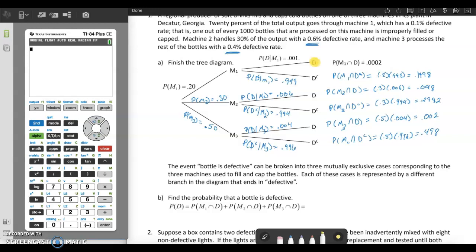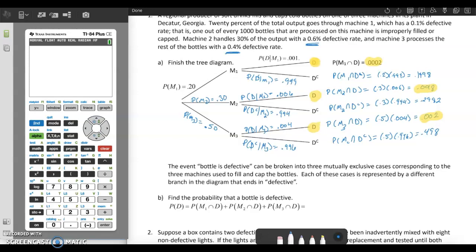So we can follow all of the branches that end in D and add all of the probabilities, the intersections that came from the defective branches together.